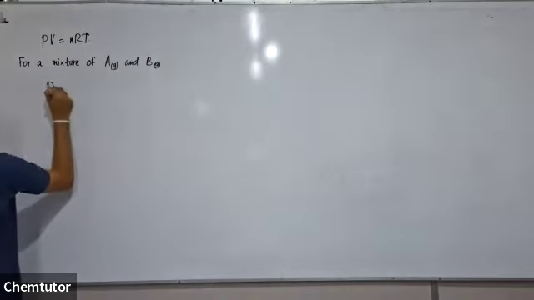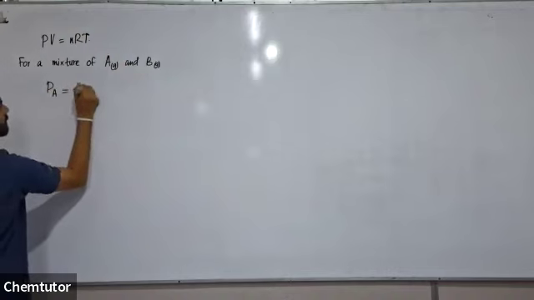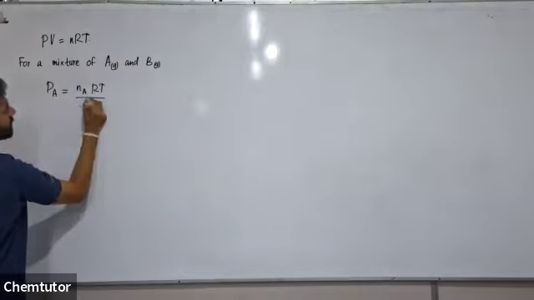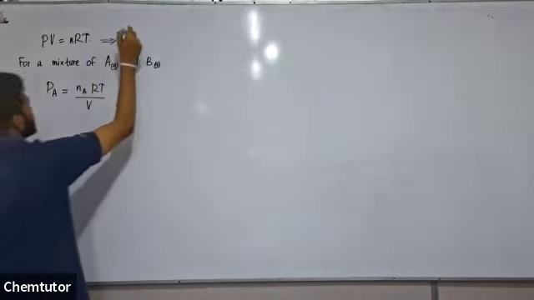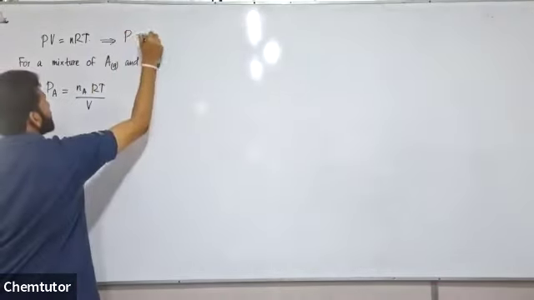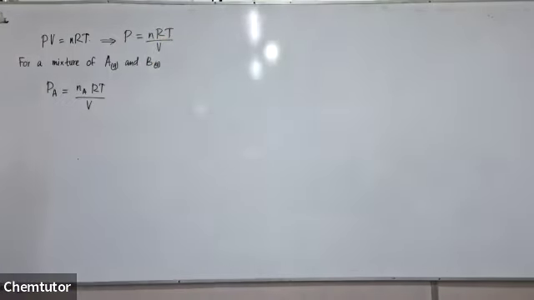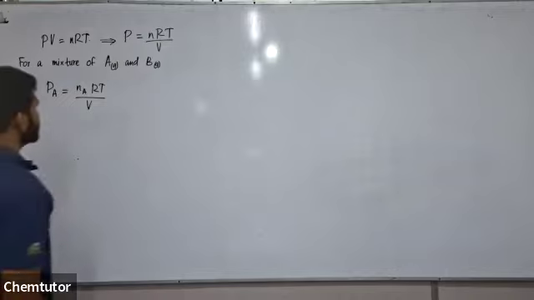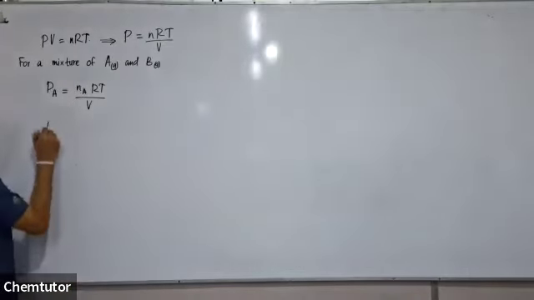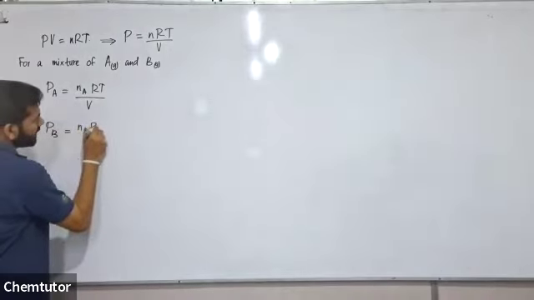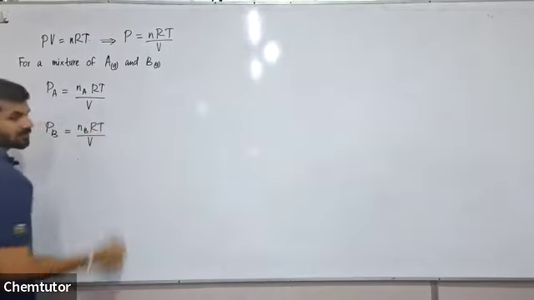So we can say that PA equals Na times RT over V. That means we can make pressure the subject, P equals nRT over V. Similarly, PB equals Nb times RT over V.